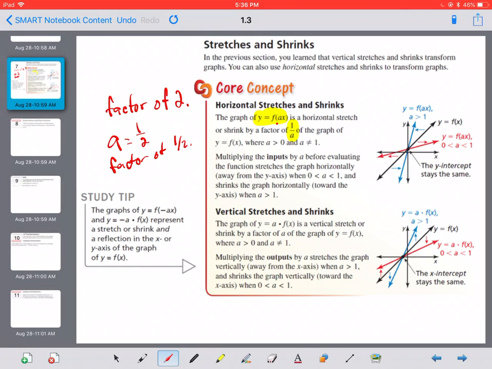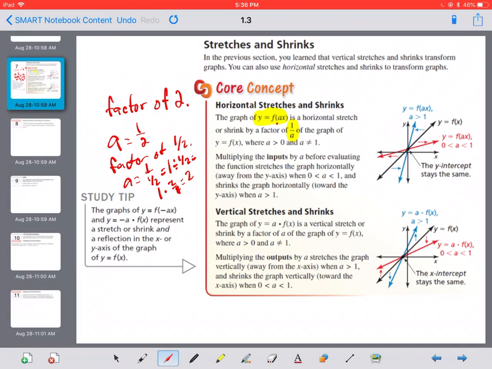If they want a factor of 1/2, my a equals 1 over 1/2, which is 1 divided by 1/2, or 1 times 2 over 1, which is a 2. So we take that reciprocal, and you'll see on the example that I do on the next slide.